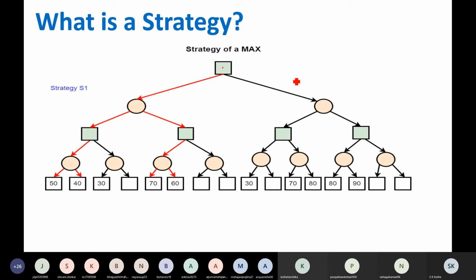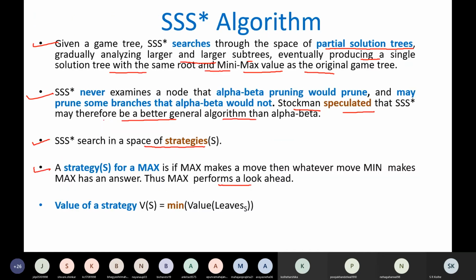You can have other strategies similarly defined. Therefore, we are saying strategy is, if max makes a particular move, whatever move the opponent is going to make, max will have an answer. That is how you are going to perform look ahead in this SSS star algorithm.